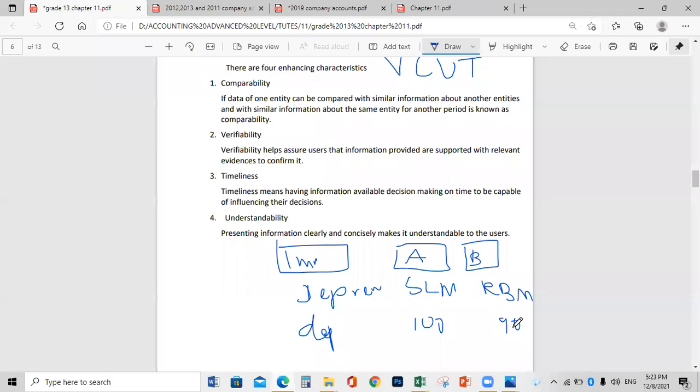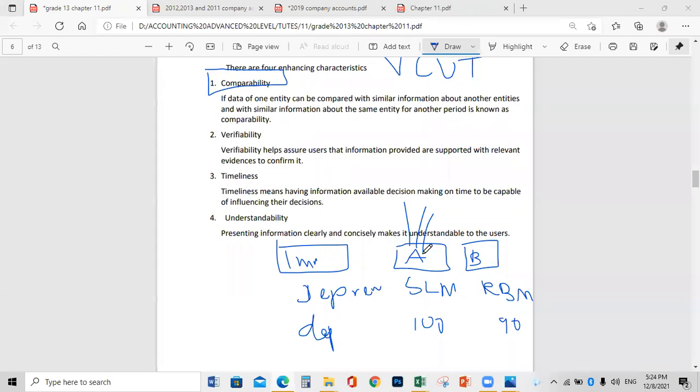Let's say, guys, all the garment factories, they are following reducing balance method, and you are company A. What should you do? In order to achieve this enhancing characteristic, your company A, what should you do?